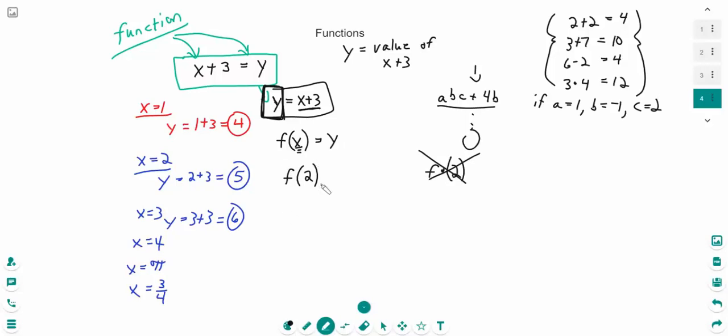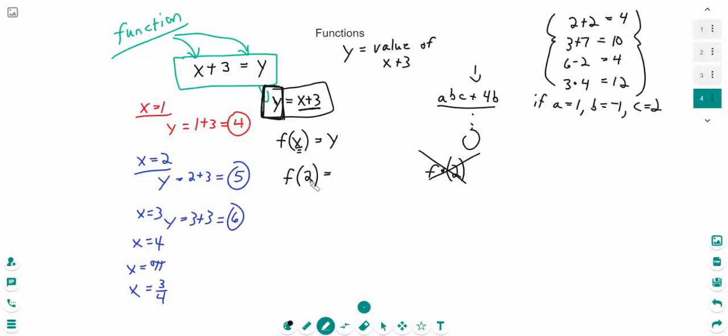This is just a way of writing y, which we already decided is the same thing as x plus 3. So this f of 2 is just another way of writing the y when x is 2. I'll say that again: f of 2 is another way of writing y when x is equal to 2.